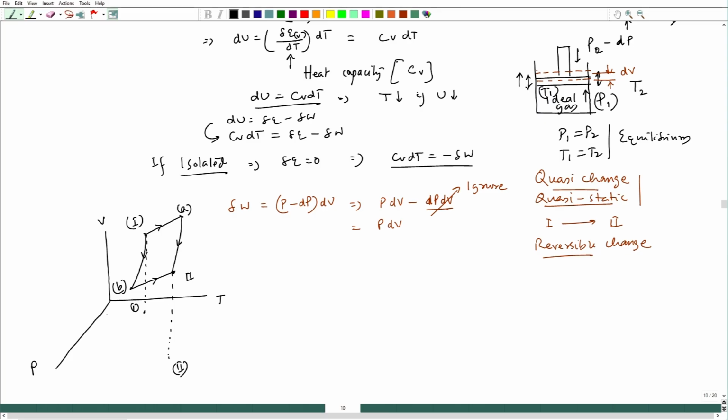Now, this is the projection on the PT plane. This is A, I can say A prime, 1 prime, 2 prime are basically those projections, and then B goes here. So the B point is such that from 1 to B, it will be a constant temperature process.